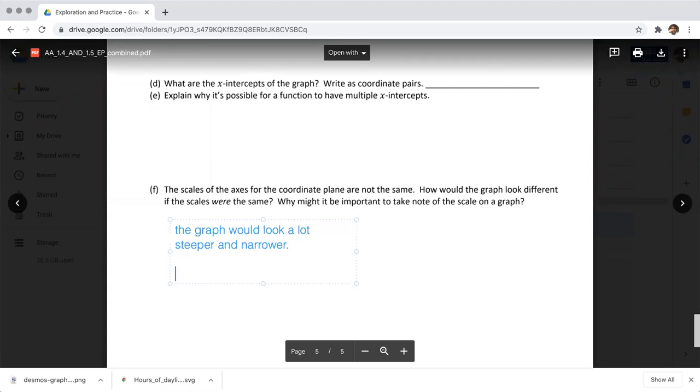And so if a graph looks really not steep, like if we squash the y-axis way down on the growth of coronavirus cases, we might think, oh, there's not that many, it's fine. But we need to be thinking carefully about that scale to say, oh, there are a lot of coronavirus cases coming out. So we better social distance, right? So that would be one example of why taking note of the scale would be really important.